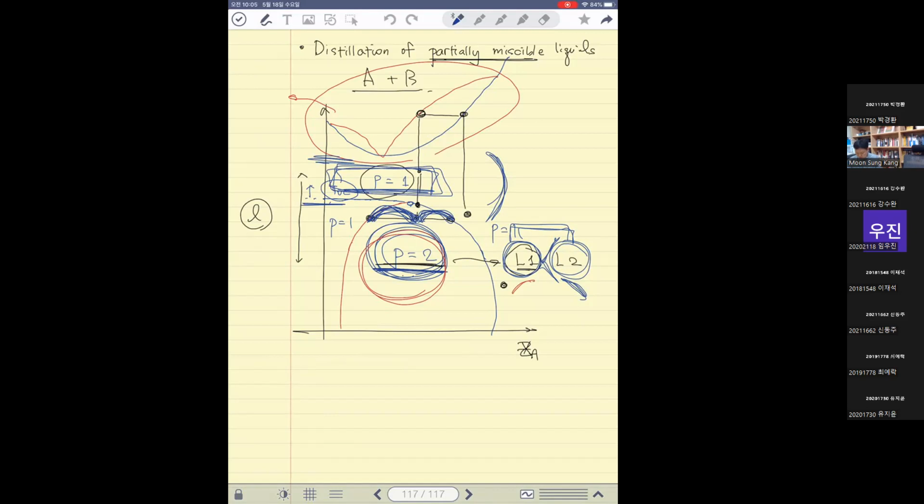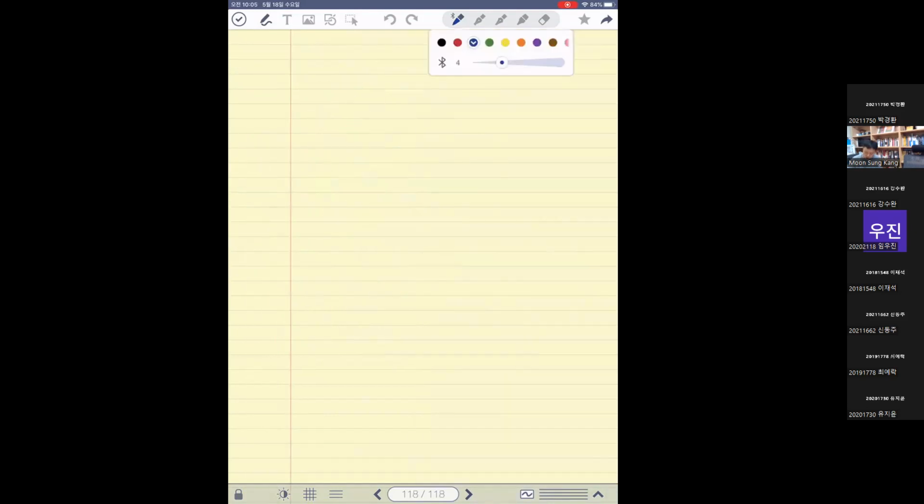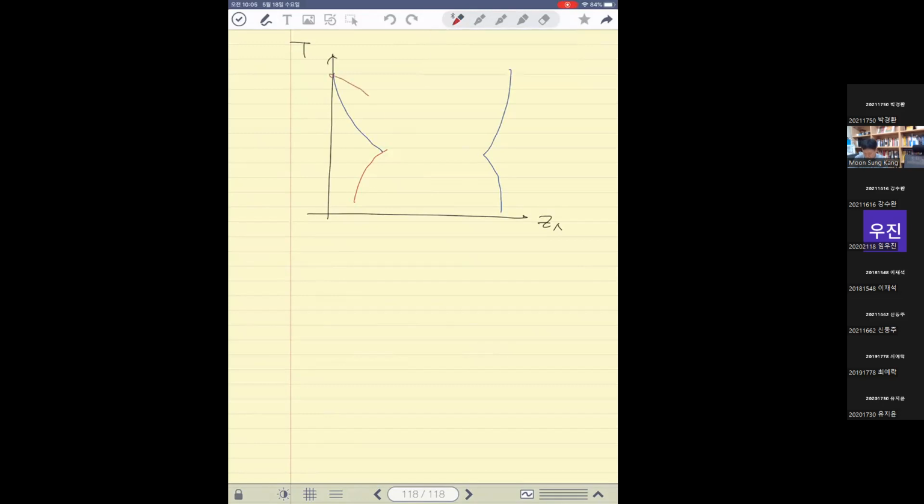But sometimes you can have a phase diagram that looks like this.